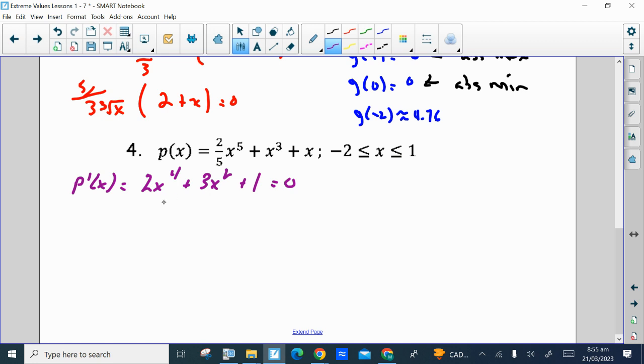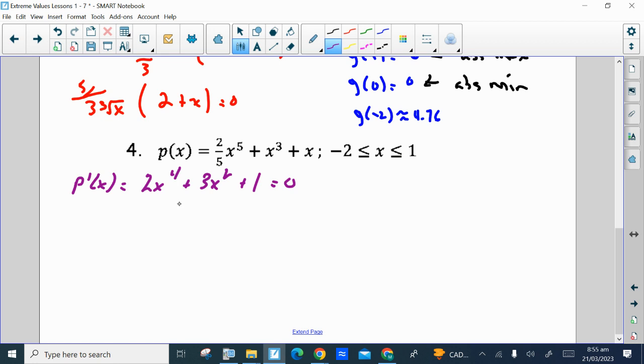No matter whether x is positive or negative, when you raise it to the power 4, it's going to be a positive value. When you raise it to a positive 2, it's going to be a positive value. And then when you add 1 after all that is done, it's just going to make the answer bigger. The point is that no matter what number you put in for x here, the first derivative will always be positive, which means the original function is always increasing.